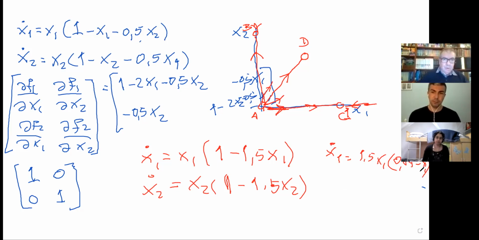Okay, so when you reach this point, it's an equilibrium corresponding to x1 and x2 equal to 0.67. That's the equilibrium. For x1 and x2 smaller than 0.67, you are here, and the derivative is positive, so you go there.